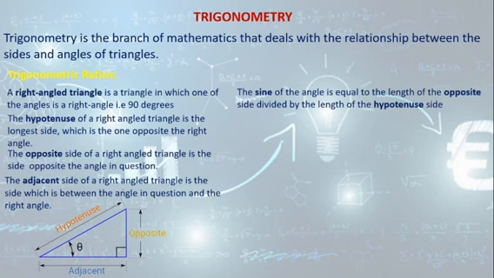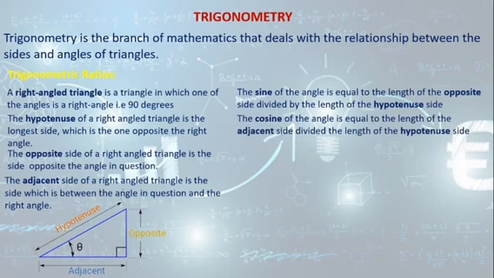It means that if I used my four-figure table to find the sine of that angle right there, it will give me the exact same value as I would have if I divided the opposite side by the hypotenuse side. Okay? Now, what if I want to find the cosine of that angle? The cosine of theta is equal to the length of the adjacent side divided by the length of the hypotenuse side.